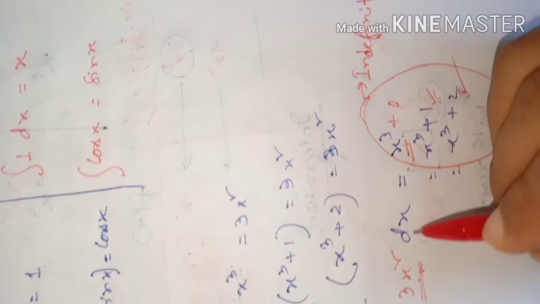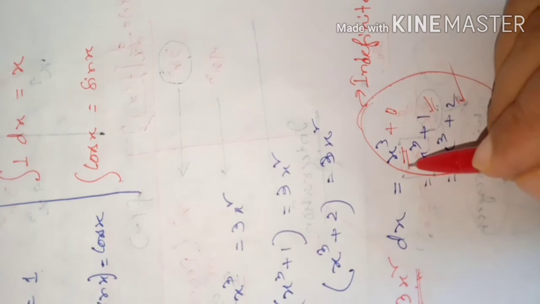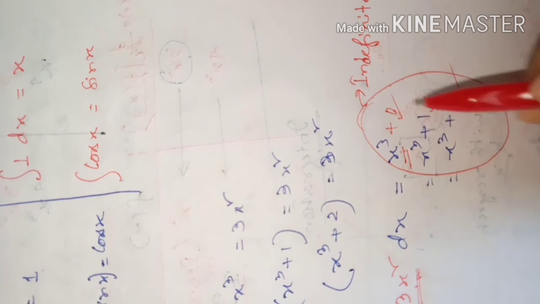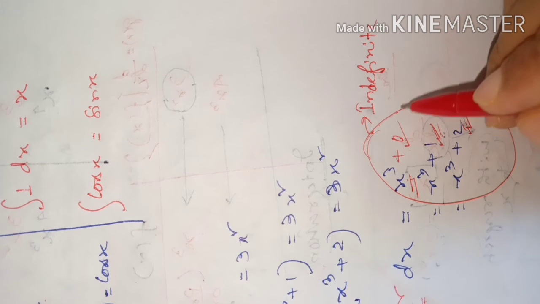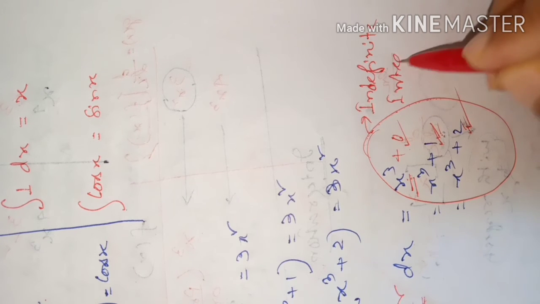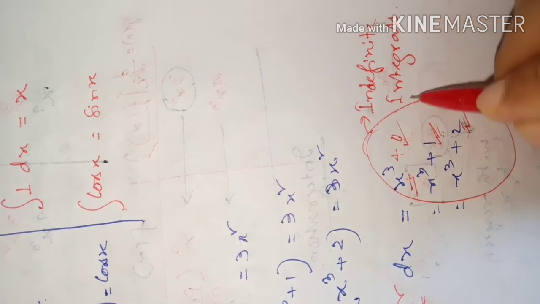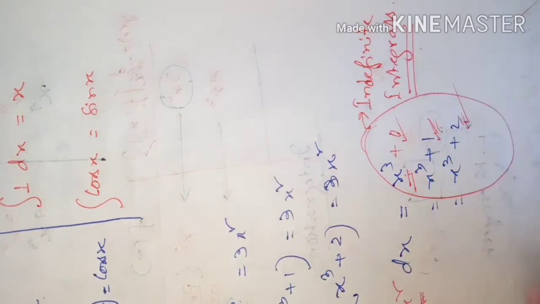You can't have a fixed primitive, because every time this constant will change. So all these are called indefinite integrals. Are you understanding, dear students? All these are indefinite integrals.